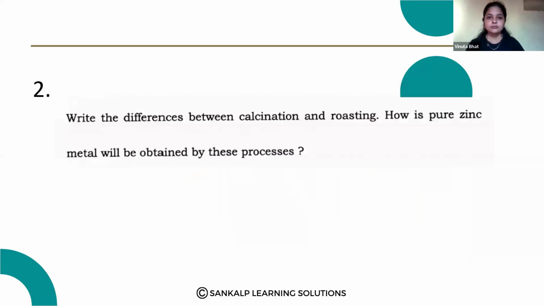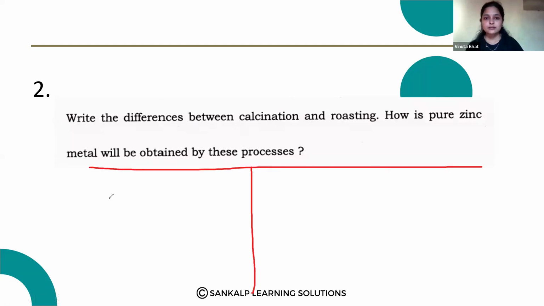Second question. Write the differences between calcination and roasting. How is pure zinc metal obtained by this process? While writing the difference between calcination and roasting, make two columns like this.